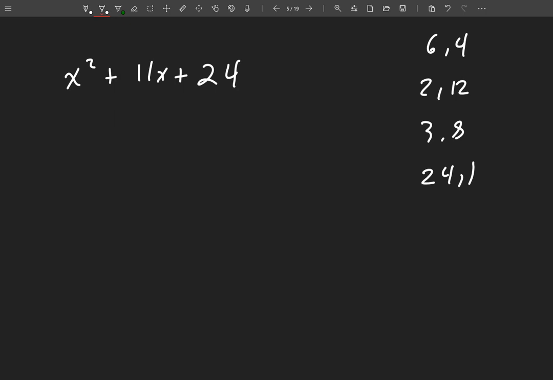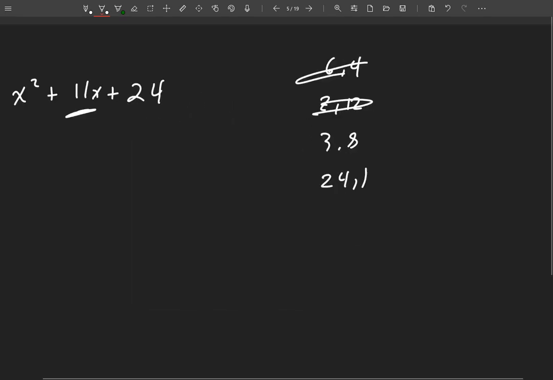Well, let's check some of these. What's 6 plus 4? 10. 10 is not 11. Remember, we have to check to make sure with the middle number too. So that's out. All right, what's 2 plus 12? Not 11. That's out. What's 3 plus 11? 3 plus 8 is 11. So that means that, oh, what happened to my paper?